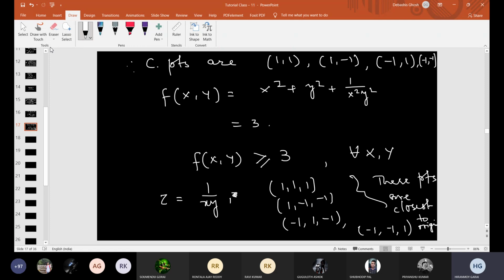So the minimum distance comes to be equal to the square root of 3 from the point to the origin. If we can solve another one.